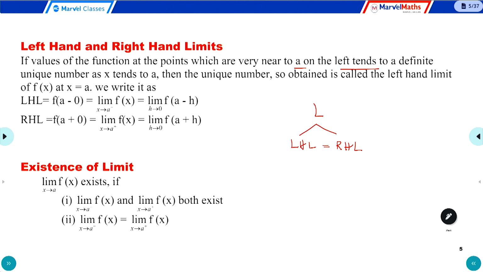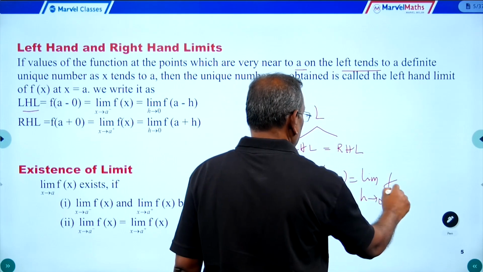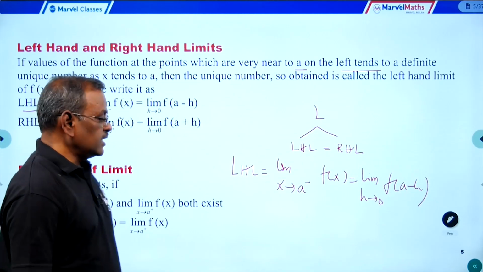That is LHL. Actually I will write here LHL equals limit of x approaches a minus, f of x, equal to limit of h approaches 0, f of a minus h. This is the LHL definition.